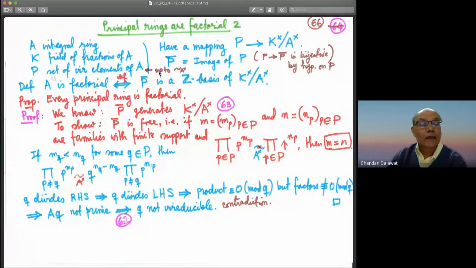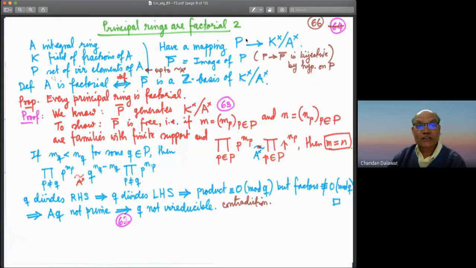For example, if A were Z, then both 2 and minus 2 are irreducible elements, but I just take one of them, not both. 2 and minus 2 are associates. So for each equivalence class of irreducible elements up to associates, I take just one irreducible element. That's the set P. There are various ways of choosing P, but you make some choice.